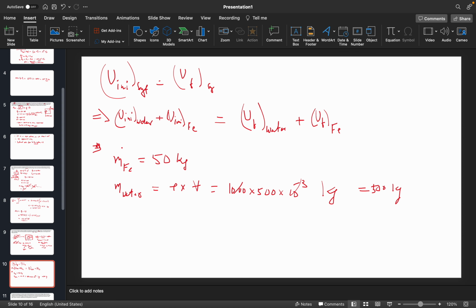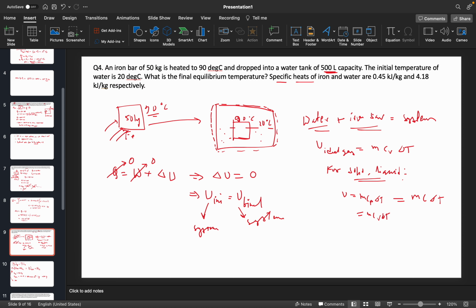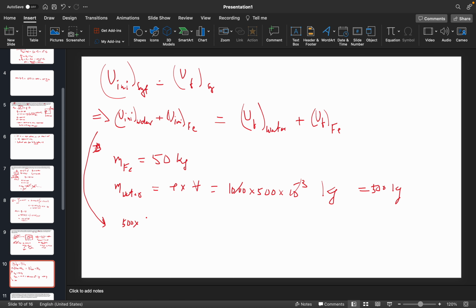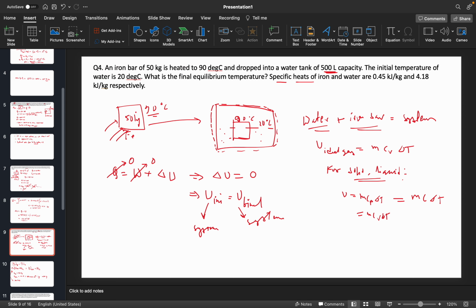Now we will put this in the equation. U initial of water is 500 times the specific heat of water, which is 4.18 kilojoule per kg. I will write everything in kilojoule per kg. And what is the initial T of water? Initial T of water is 20 degrees Celsius.